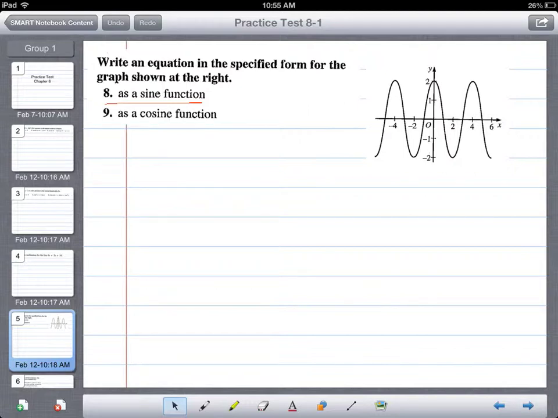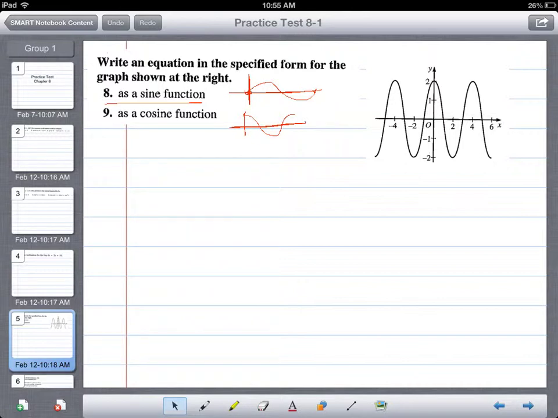Remember, a sine curve starts at the origin, at ground level, begins the hill, does the valley, and then is back at ground level again. Cosine starts at the top of the hill, does the valley, and ends at the top of the hill.